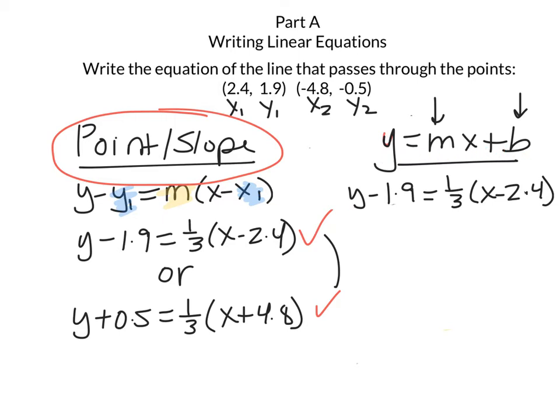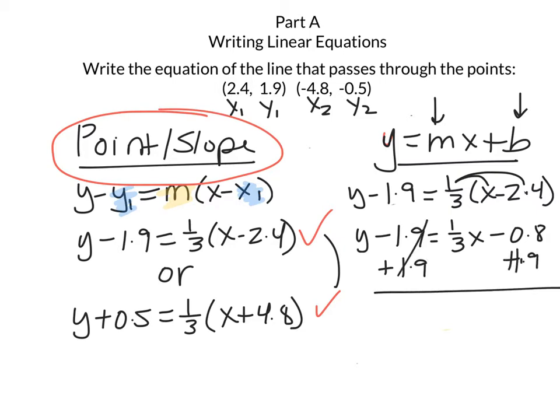So to solve for y, let's start by distributing on the right side and getting rid of those parentheses. So we'd have y minus 1.9 equals 1/3 x minus, when you take a positive 1/3 times a negative 2.4, that would be negative, and 1/3 of 2.4 is 0.8. Then just one more step to get this solved for y. Let's add 1.9 to both sides to isolate that y.